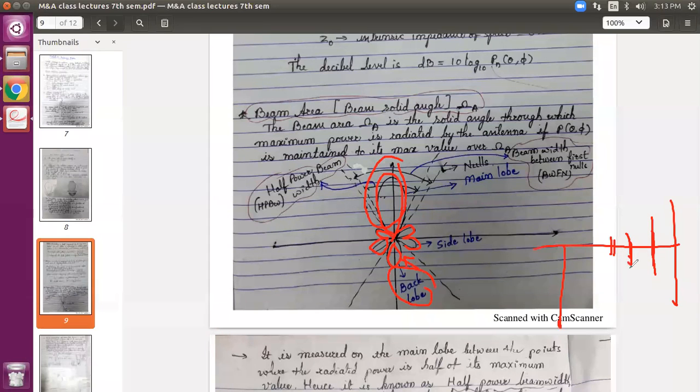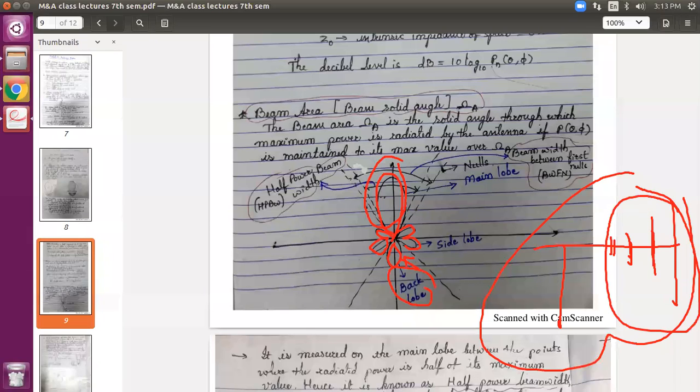With old CRT TVs, these kind of antenna setups used to come along with those TV sets. And if your TV is not receiving the signal, what you used to do is turn this to a certain particular direction. Then only does it capture the signal. Okay, you might have experienced this at your houses.